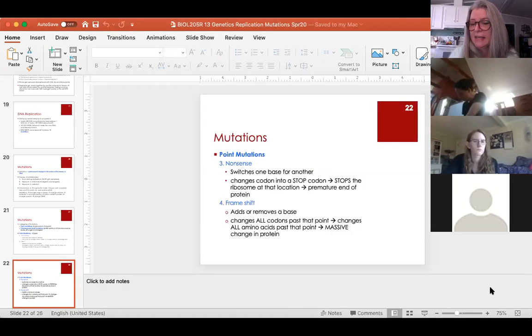These are just changes in a base through a mutation. So remember, if you're changing one base for another, that's a substitution. Sometimes those substitution mutations are silent.